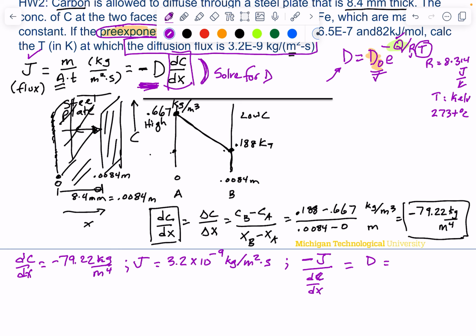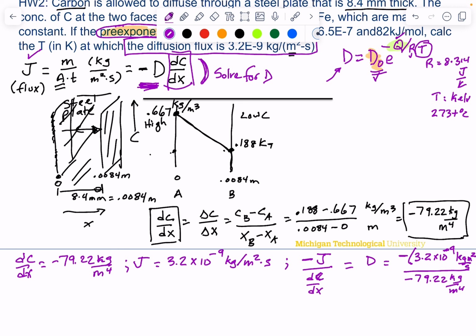So we will have a minus 3.2 times 10 to the minus 9 kilograms per meter squared per second divided by minus 79.22 kilograms per meter to the fourth.